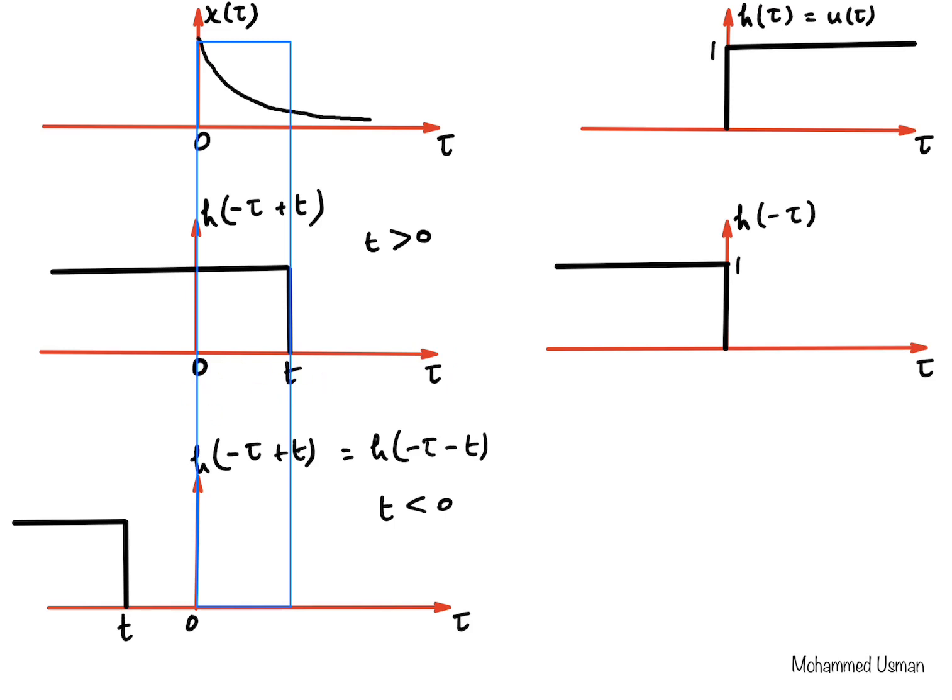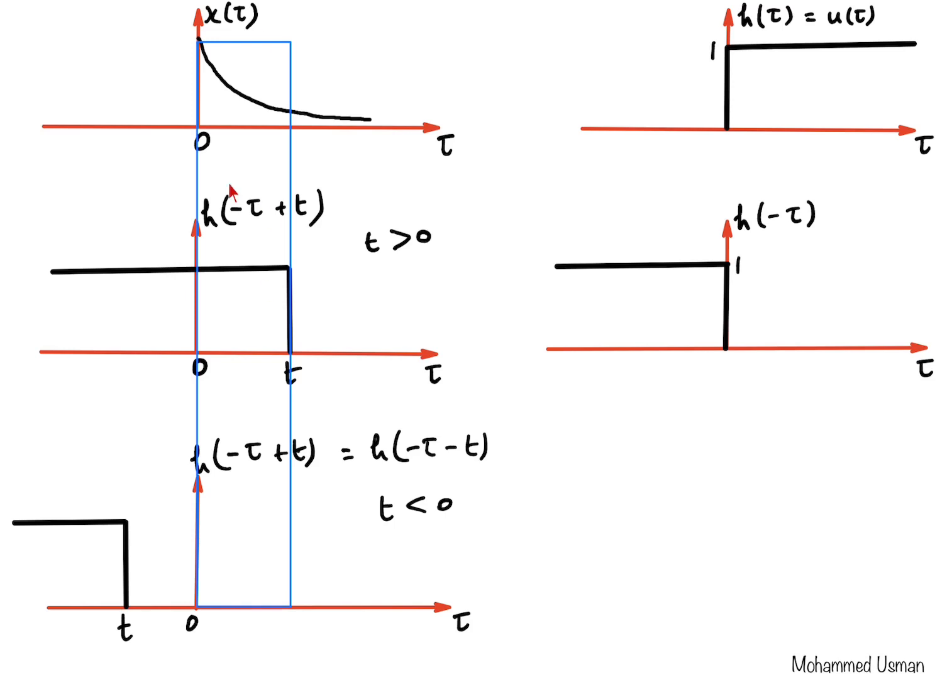For any value outside this interval, when tau takes on any value other than between 0 and t, x of tau into h of minus tau plus t is going to be 0, because outside this region, x of tau is non-zero but h of minus tau plus t is 0. To the left of 0, h of minus tau plus t is non-zero for certain values, but x of tau is 0 for all values of tau less than 0.